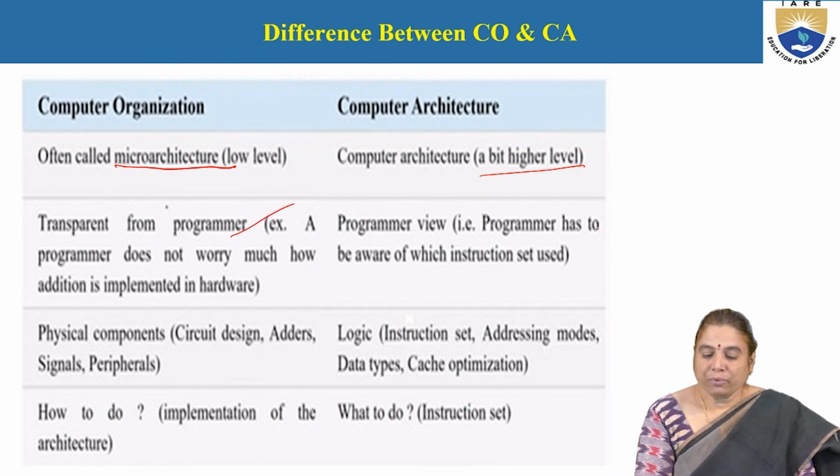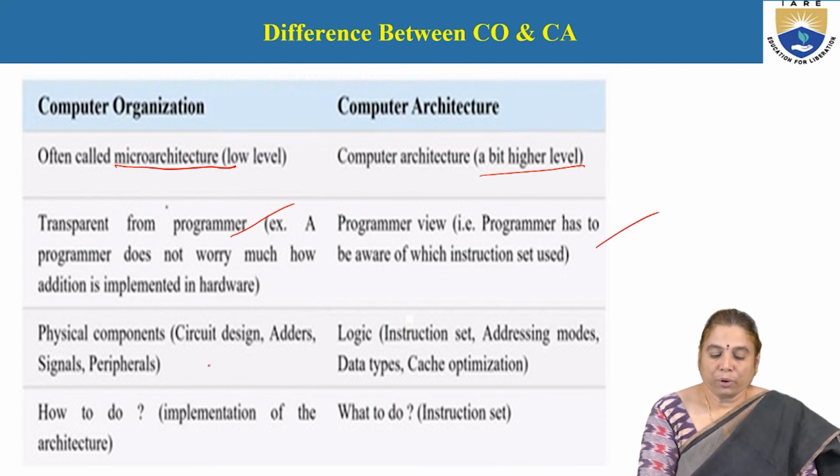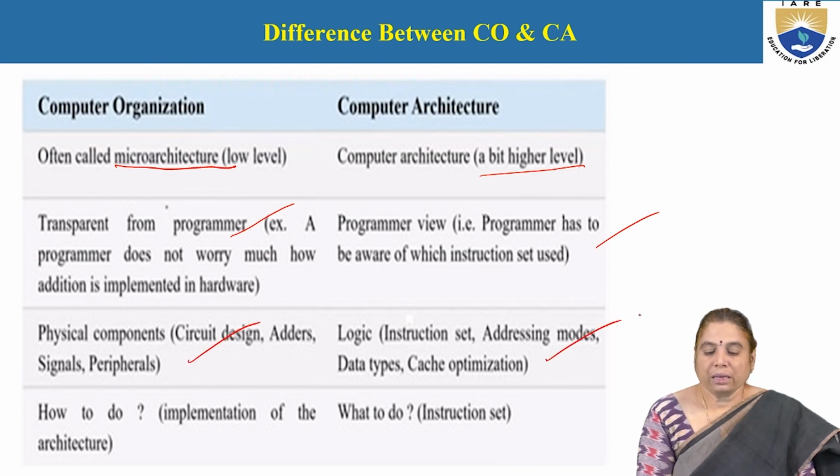So the programmer's view has to be considered in the architecture. The physical components are more concentrated in the organization. The logical execution is more concentrated in the architecture. How to do is specified by the organization. What to do is specified by the architecture. So these are the differences between computer organization and architecture.